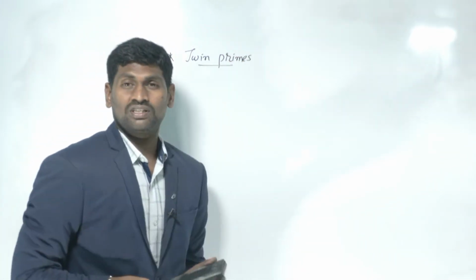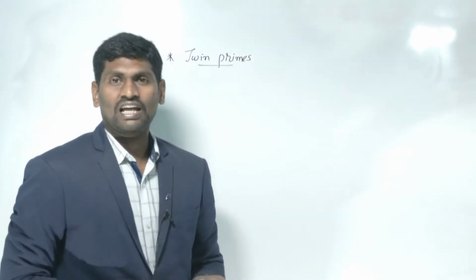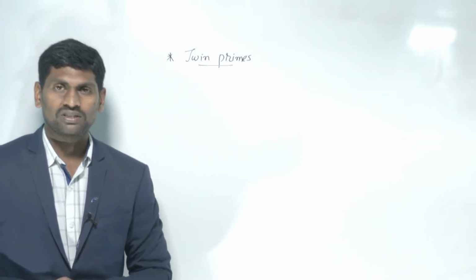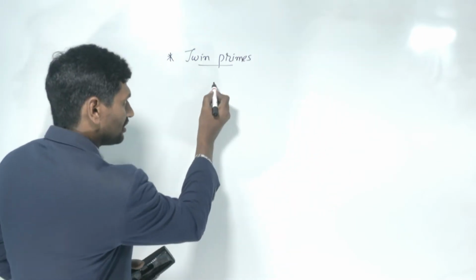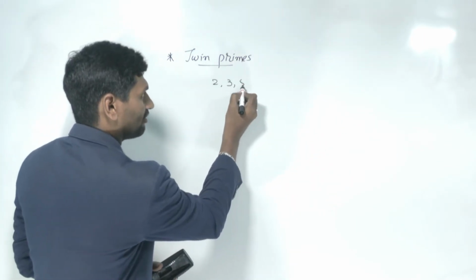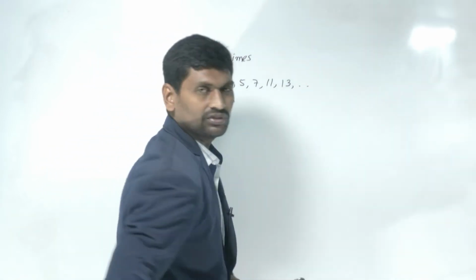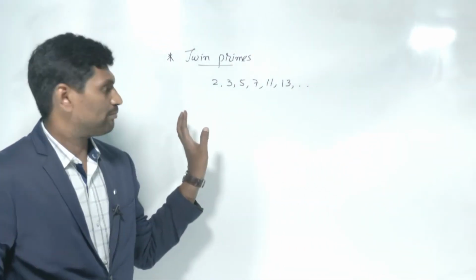What are prime numbers? Numbers having only two factors are called prime numbers. For example 2, 3, 5, 7, 11, 13 and so on. There is an infinite set of prime numbers.